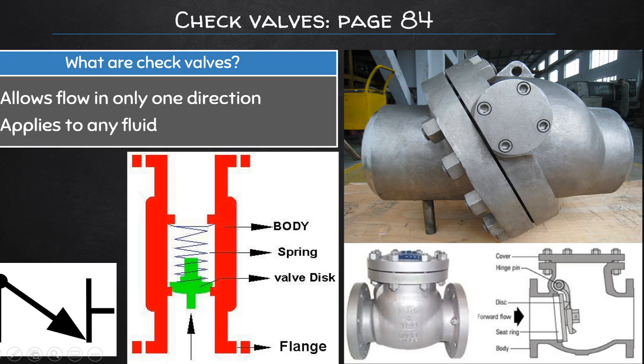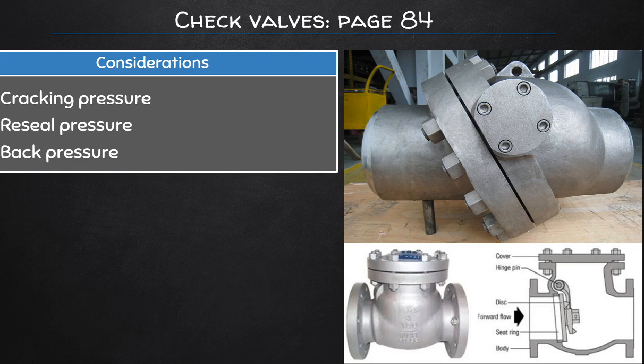It all depends on the cracking pressure and the operation of the check valve, how it has been designed. Now, what should be considered is the cracking pressure that is required by the valve, which is the minimum pressure that is needed before the valve opens itself up.